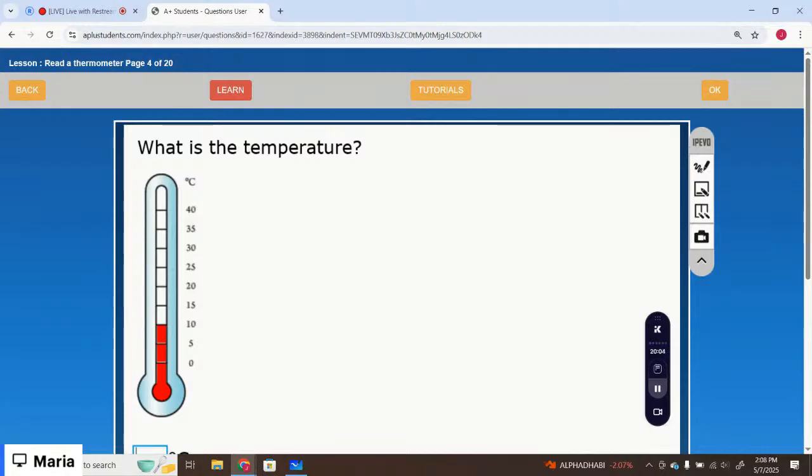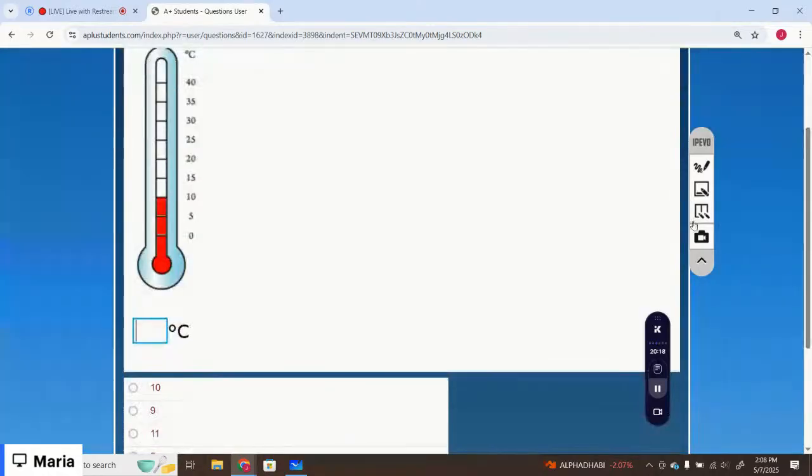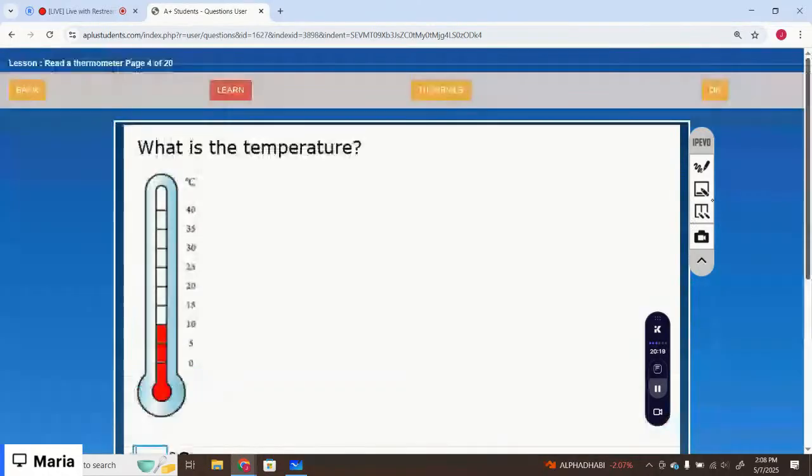What is the temperature? That is 10 degrees Celsius. Option number one is the correct option. 10 degrees Celsius it is.